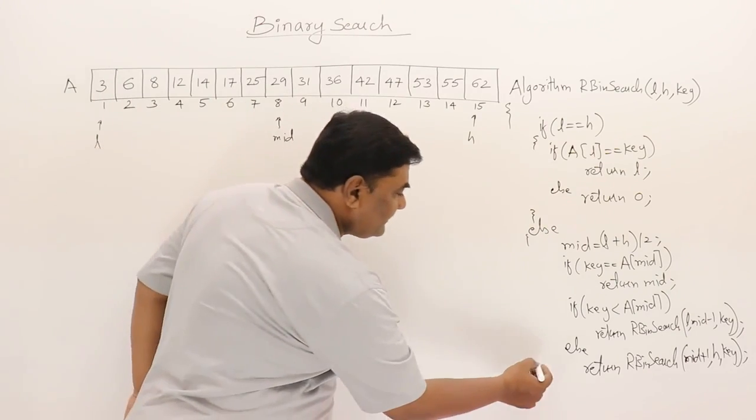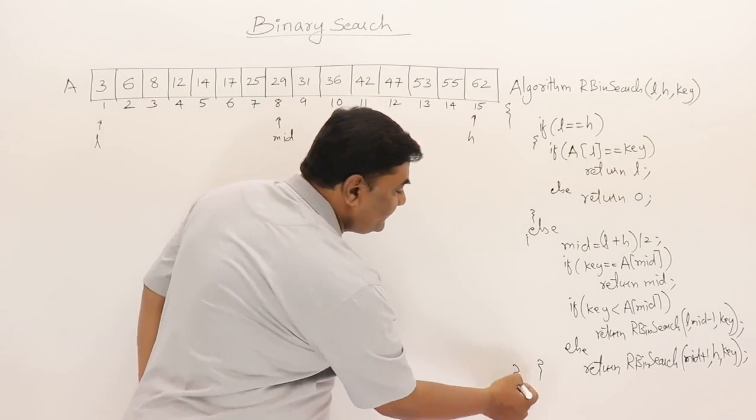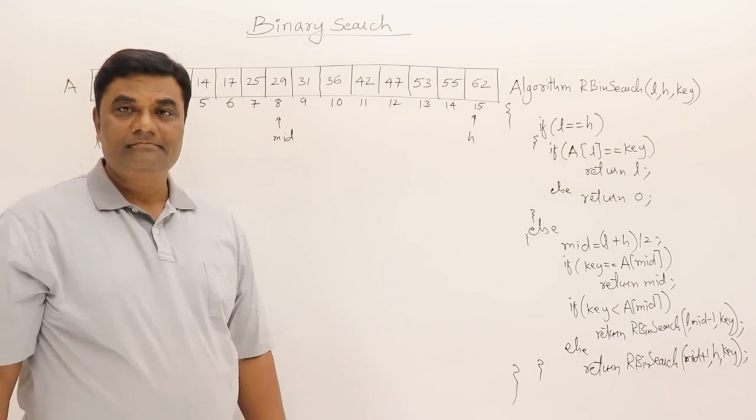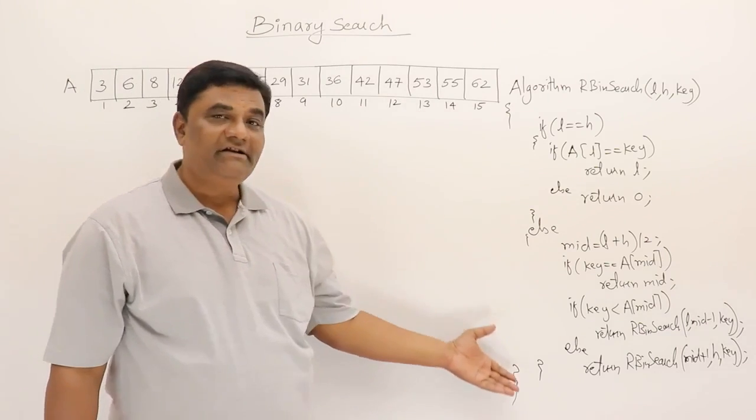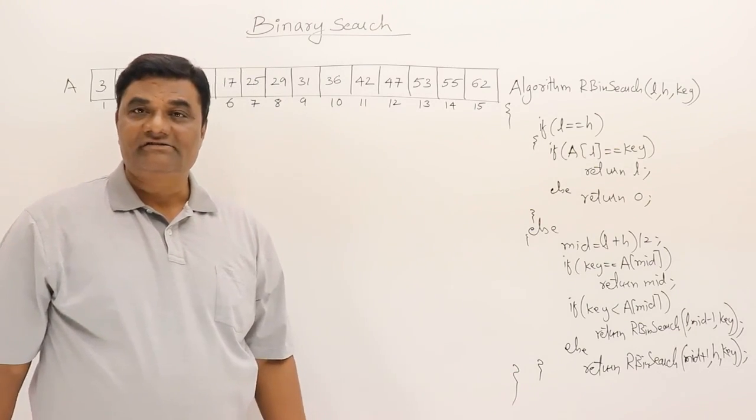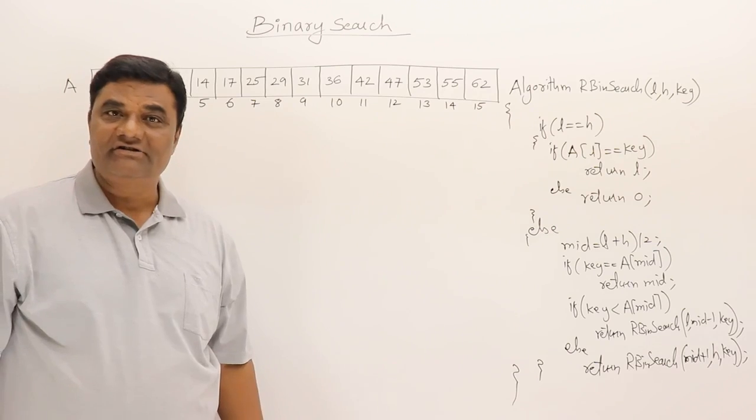That's it. Closing of else and closing of the algorithm. Now we have written a divide and conquer algorithm, that is a recursive algorithm for binary search.